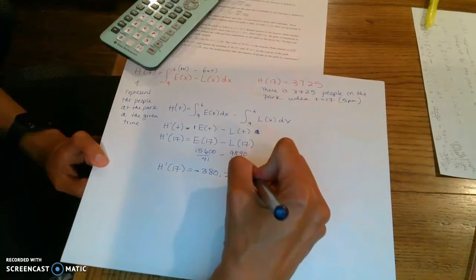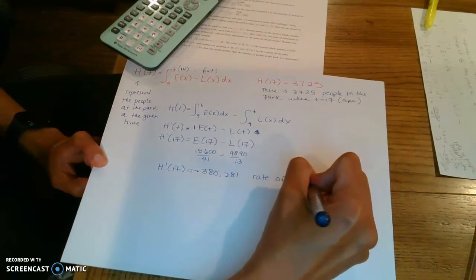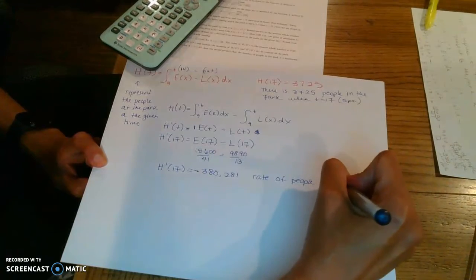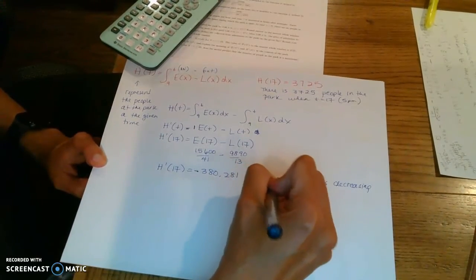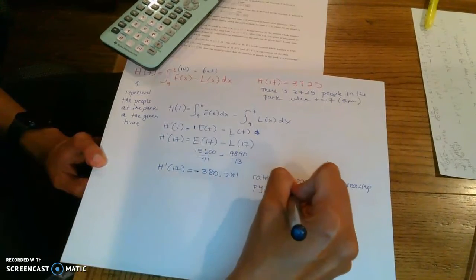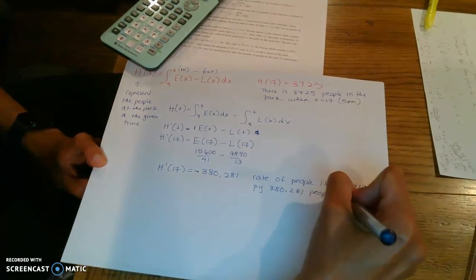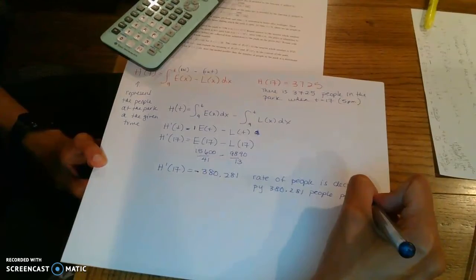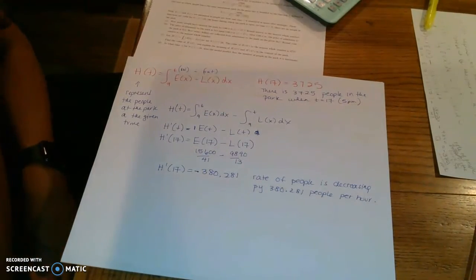So you're just going to say the rate of people is decreasing by 380.281 people per hour. And that would be you explaining the context. Okay, and part D.